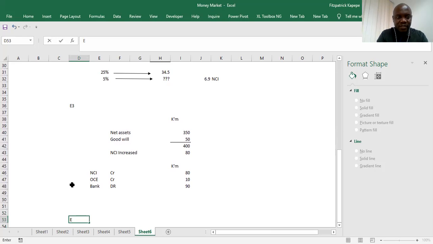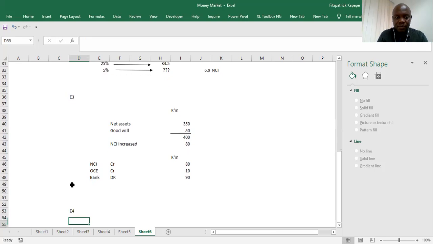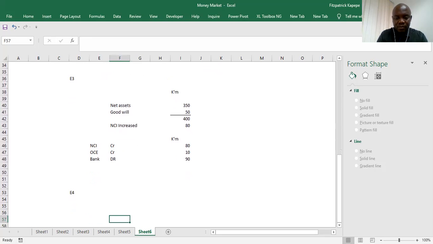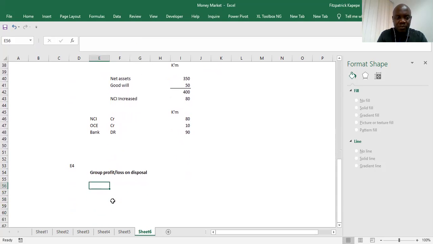It should be example 4. So then group profit or loss on disposal. So we'll start with the proceeds. How much were the proceeds?